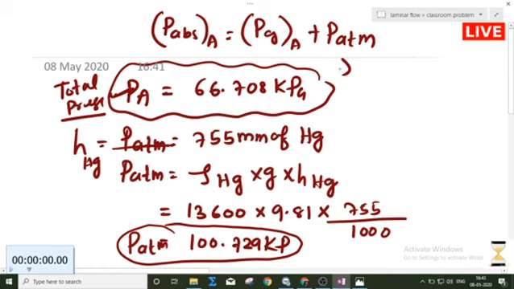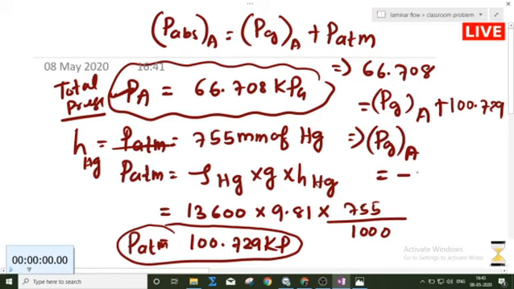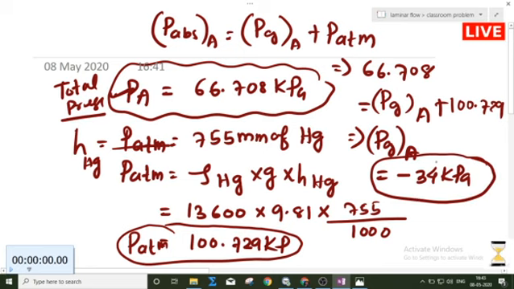The total pressure we found is 66.708, and the local atmospheric pressure is 100.729. So the gauge pressure at point A will be equal to minus 34 kilopascal. This is the answer: the gauge pressure at point A is minus 34 kilopascal.